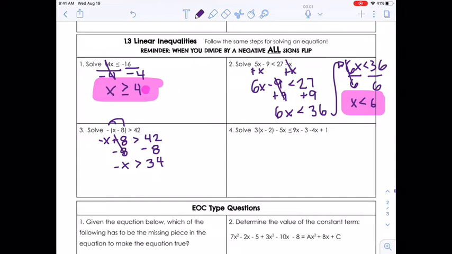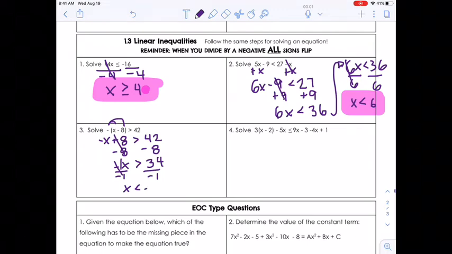All right, and so this, you can imagine that this is a negative 1 in front of the x, so we're going to divide by negative 1. So I am going to flip my inequality. So my answer is negative 34.